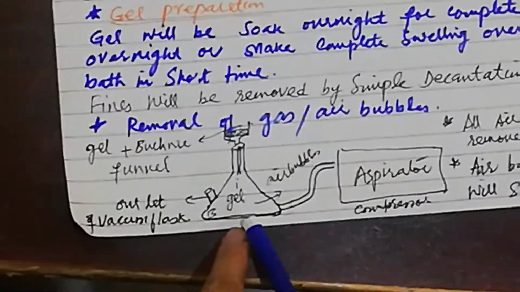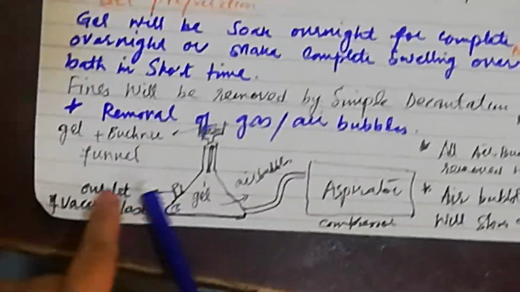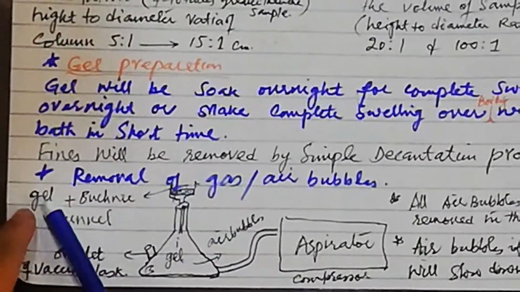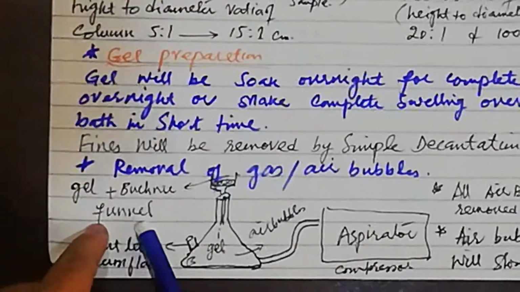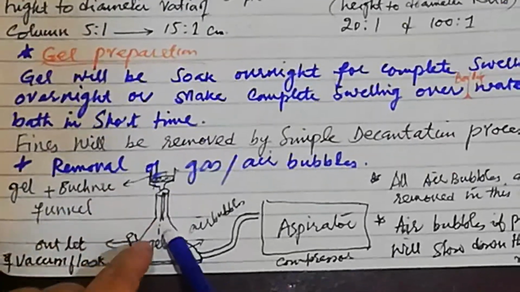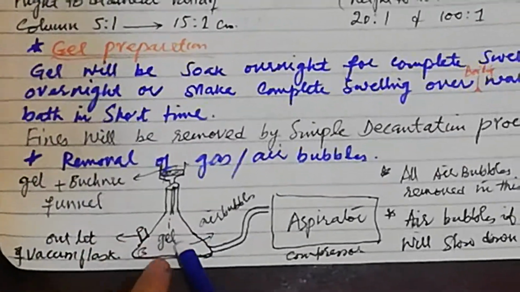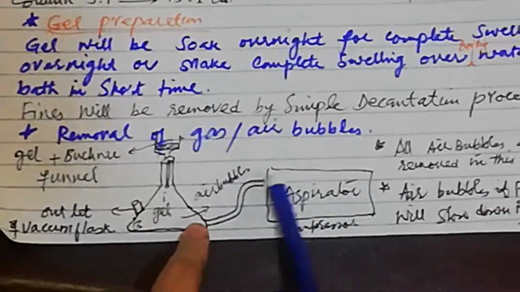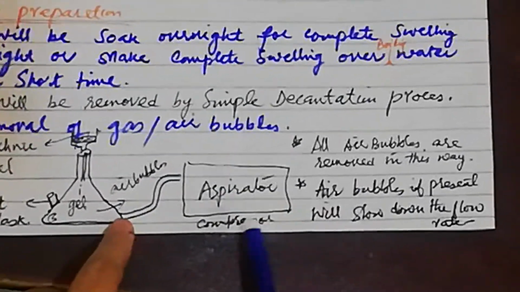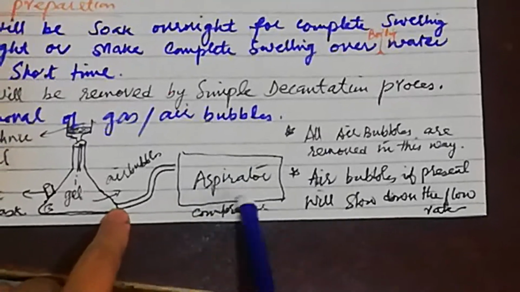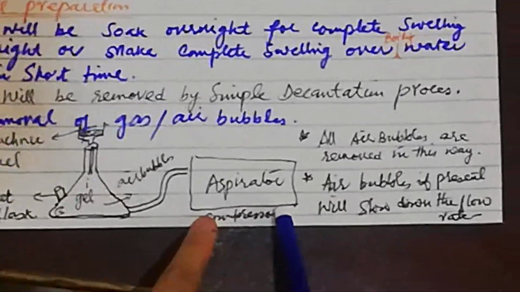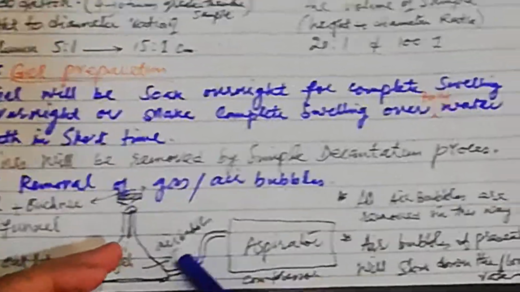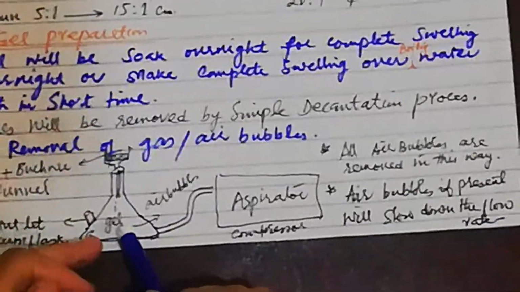For the removal of gas or air bubbles, you can use this apparatus, the vacuum flask, which has an air outlet. You put the gel in the Buchner funnel, and it is shifted to the vacuum flask. This vacuum flask is connected with an air aspirator, which provides the vacuum in the flask.